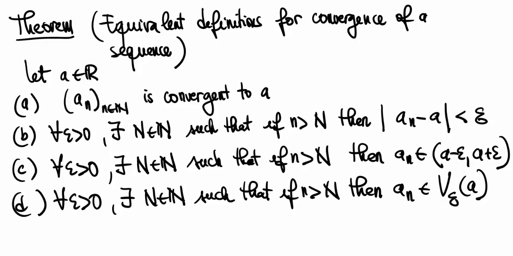So because of that, I will leave it as an exercise. In fact, I will invite you to pause the video here and to take time to explicitly write down why all four of these statements are actually equivalent. Try to prove this for yourself. Make sure that you make your peace with this theorem before you move on.